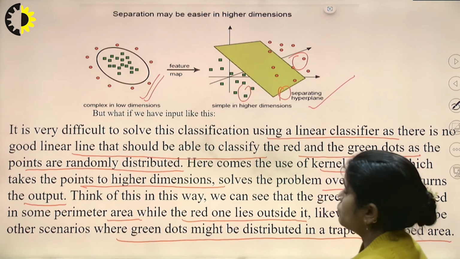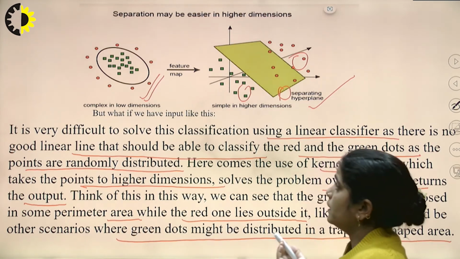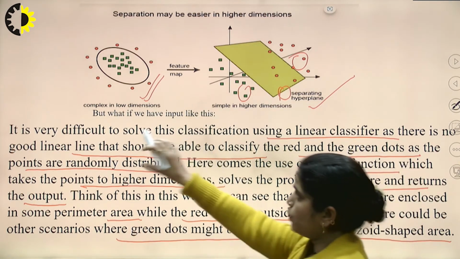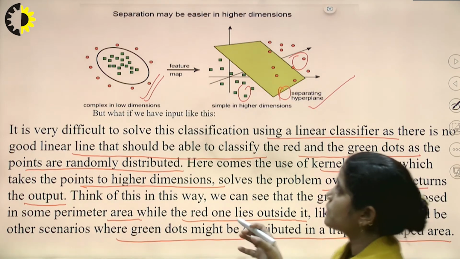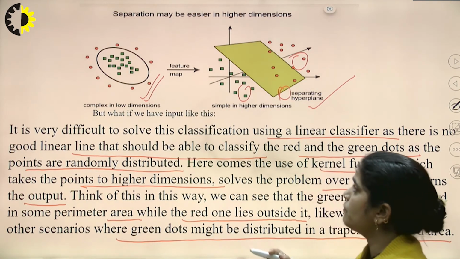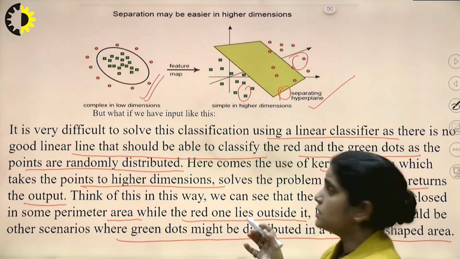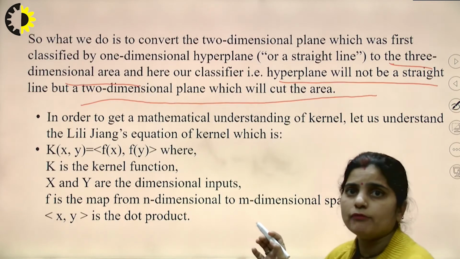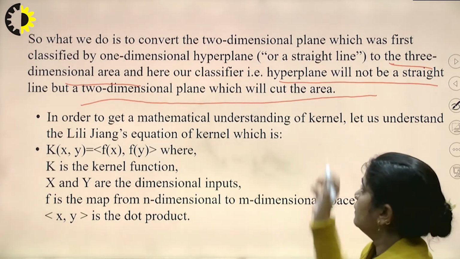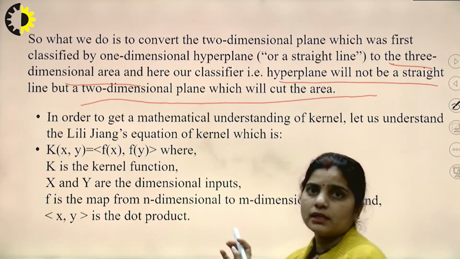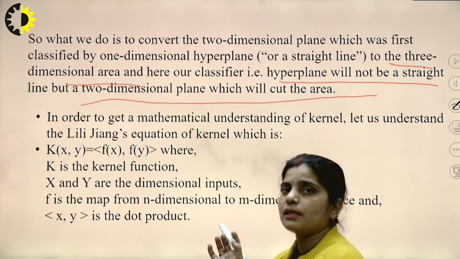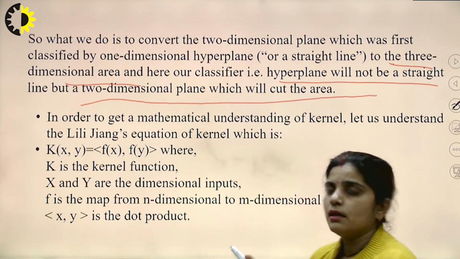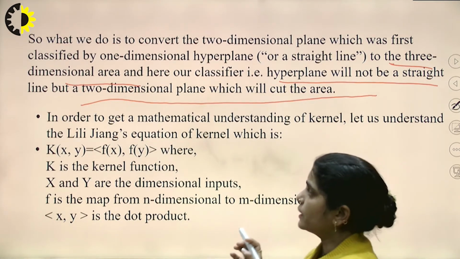So when in low dimensions the data points are not easy to separate, with the use of a kernel function we take this data to higher dimensions, and with the use of a 2D plane we can cut the areas, which easily separates the data points of both green and red colors.